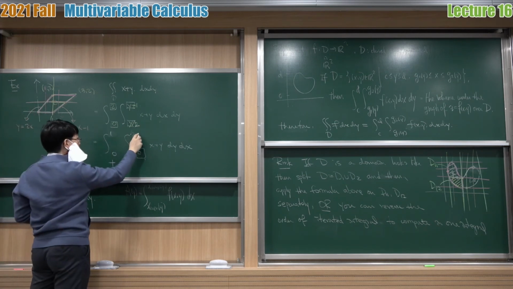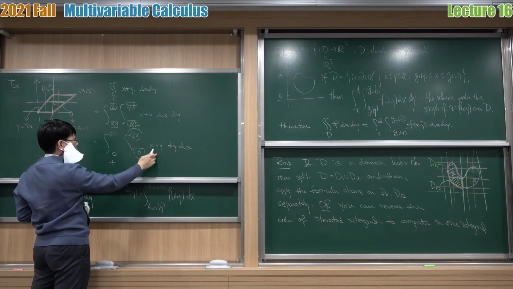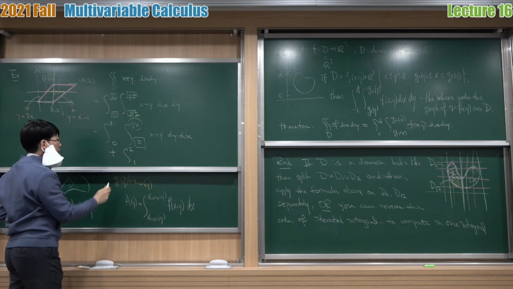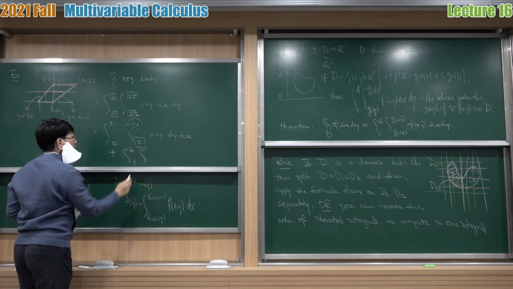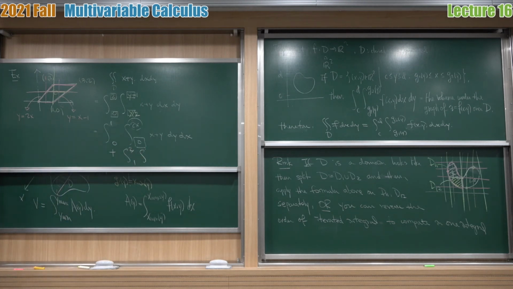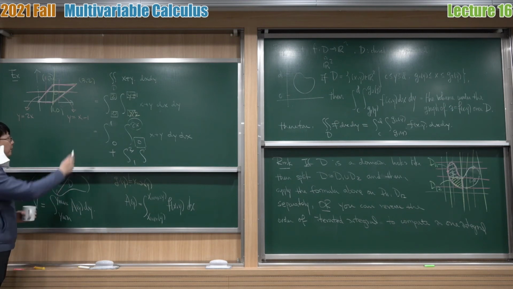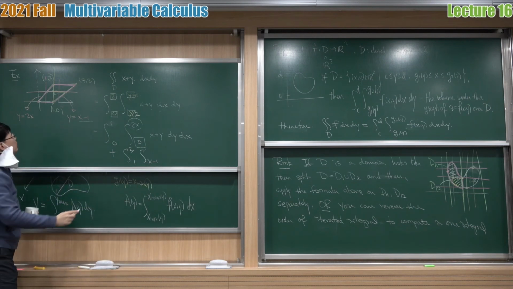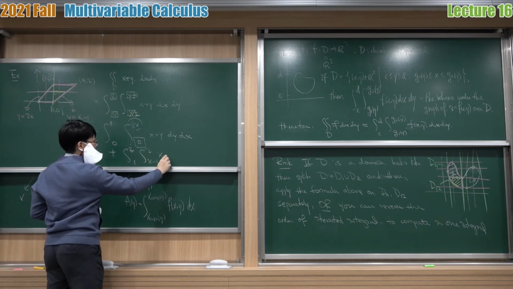Now what happens when x goes from 1 to 3? What's the minimum of y? Yeah, x minus 1. And then what's the maximum? 2.